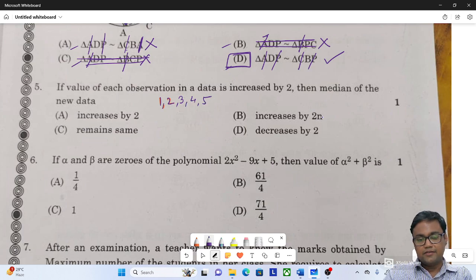So, if I increase every value by 2, the new data set will be 3, 4, 5, 6 and 7, right. But see the new median now, it is 5, earlier it was 3, and 5 has also risen up from 3 by 2, therefore, the new median increases by 2.